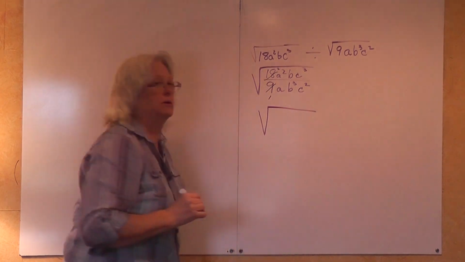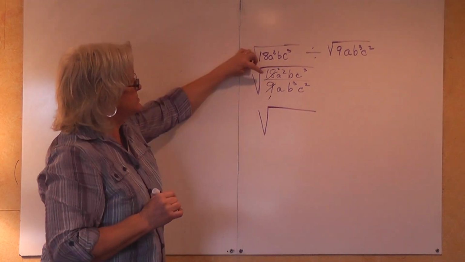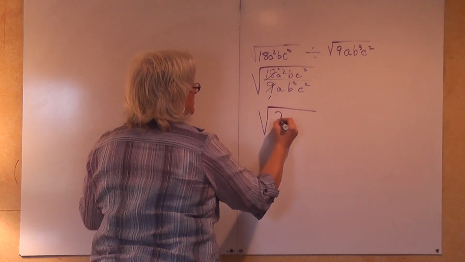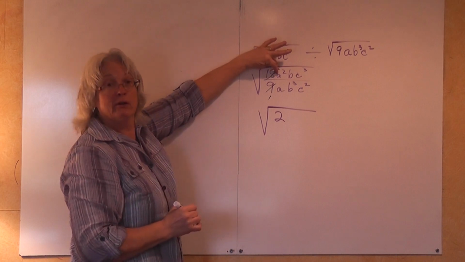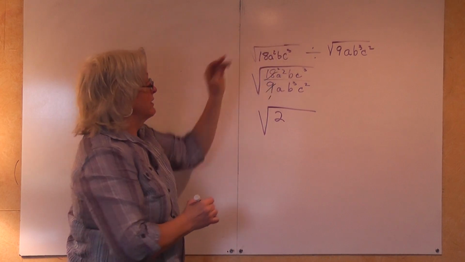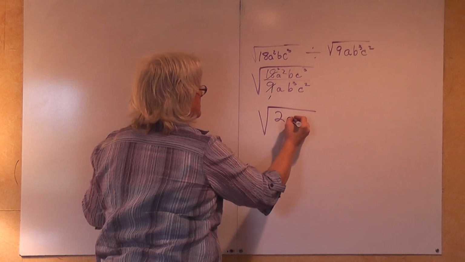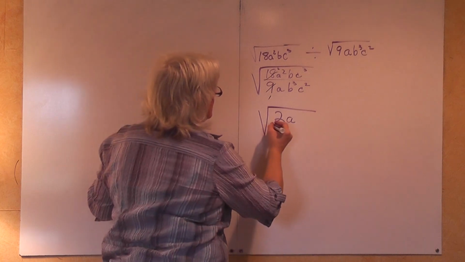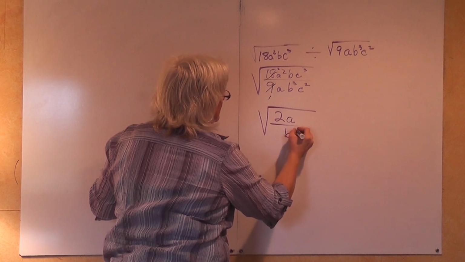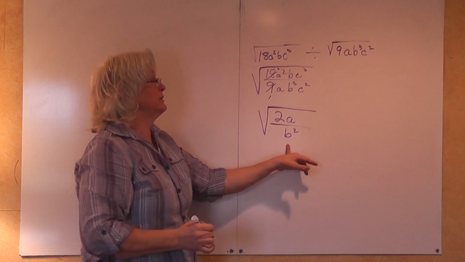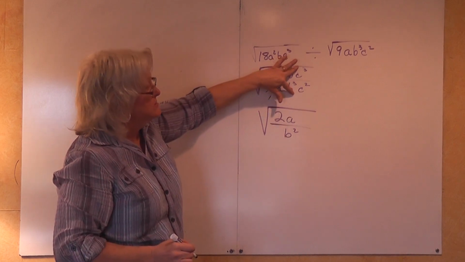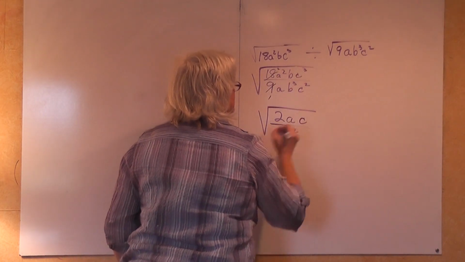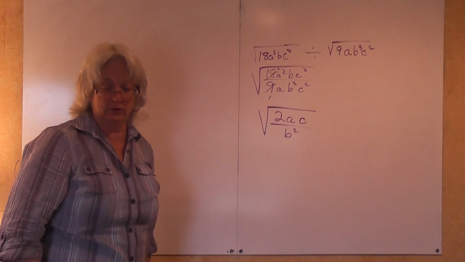So let's see what happens, still inside the radical symbol. 18 divided by 9, I have a factor of 2 in the numerator. A squared divided by a gives me a to the first power. Can cancel a factor of b from the numerator and the denominator, and I have b squared in the denominator. Now with the c's, c cubed divided by c squared, I have a c in the numerator.